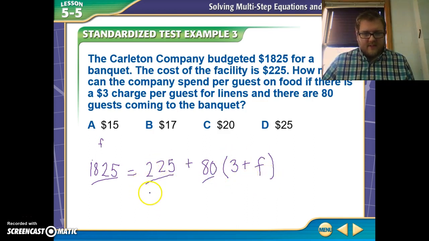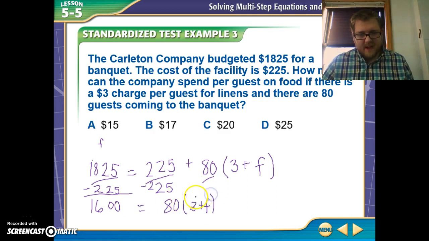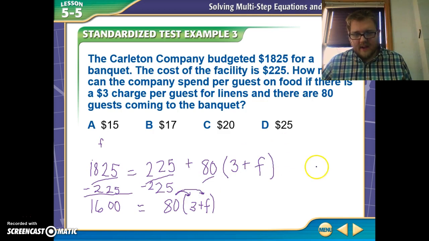So let's take 1825. Let's subtract 225 from each side. Equals 80 times 3 plus f. Let's use our distributive property since we have a quantity of terms. So we're going to get 1600 equals 80 times 3, which is 240, plus 80 times f, which is 80f.